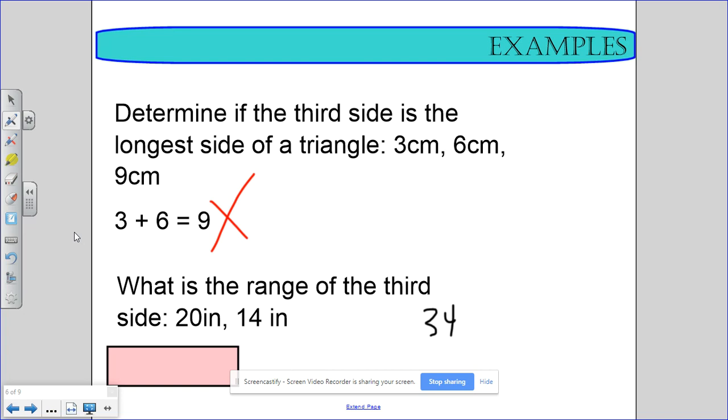But then we have to look at it, what if 14 and another side is the smallest side and 20 is my longest side? What would equal 20? 14 plus what? 14 plus 6. So that means that it cannot be 6, but what if it's 5? No, it has to be greater than 6.